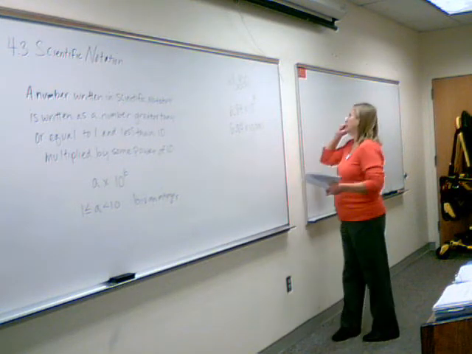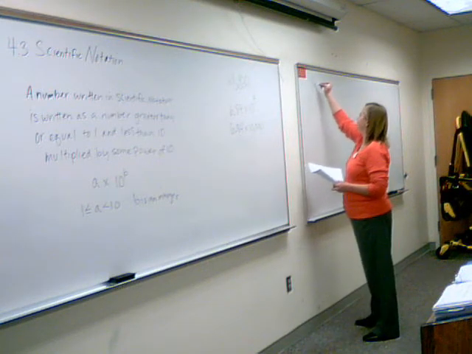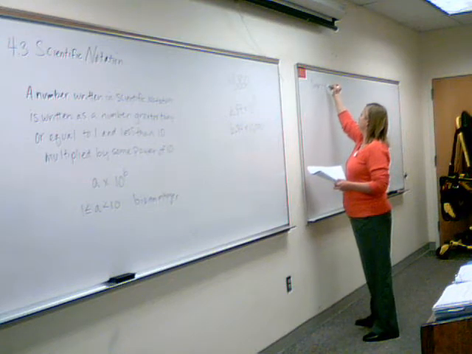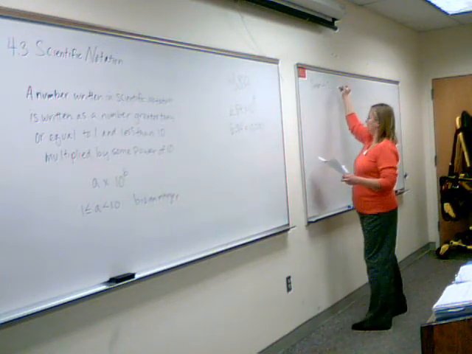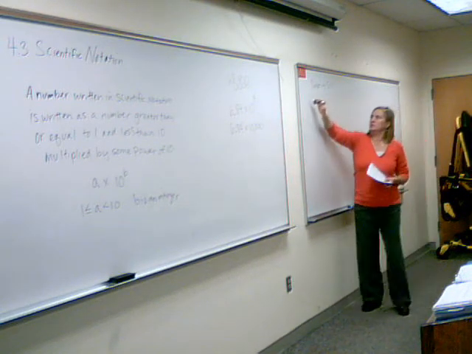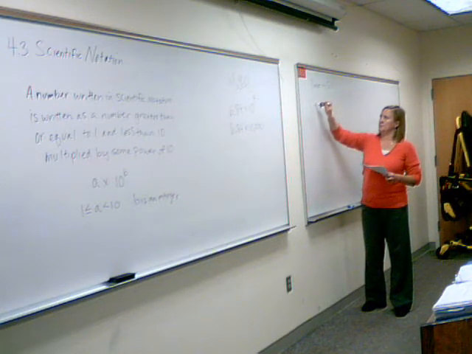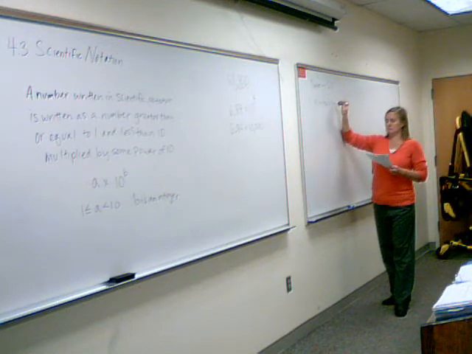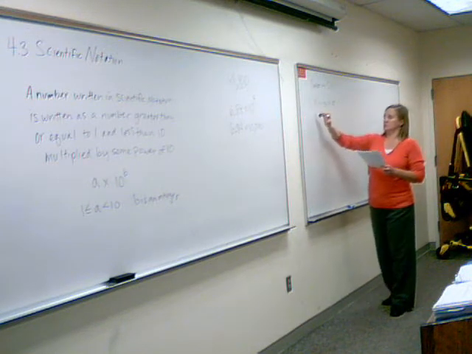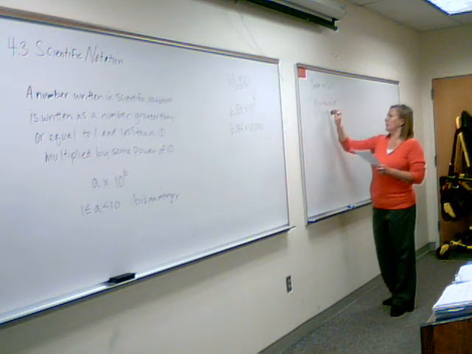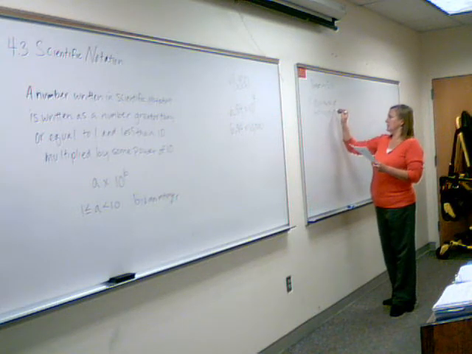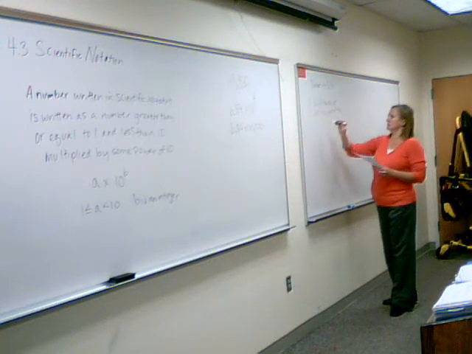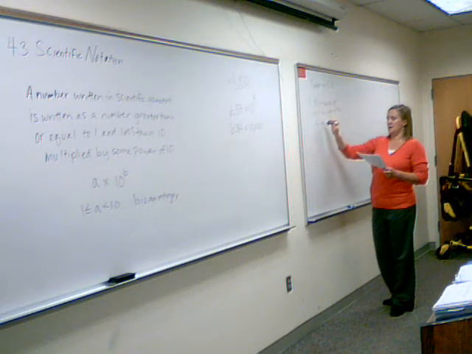So let's talk about how we go from a number to scientific notation, how we go back and forth. As I just showed you in this example, the first step is to move the decimal point to the right of the first non-zero digit.